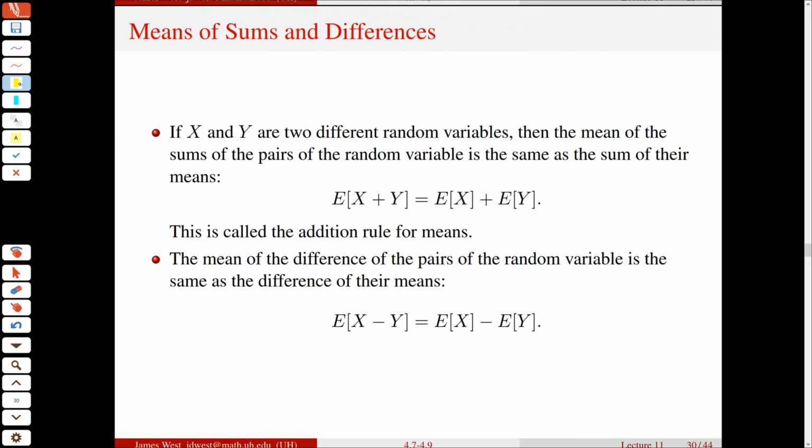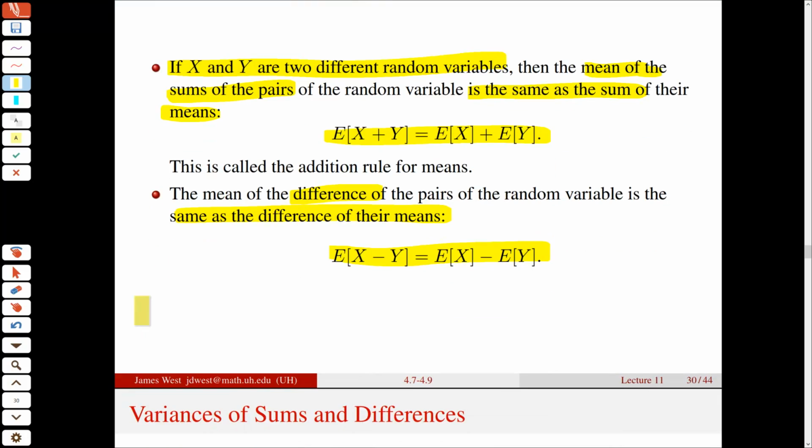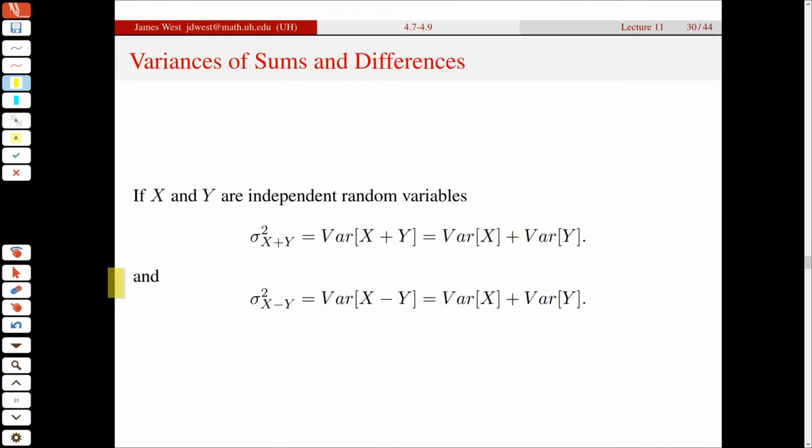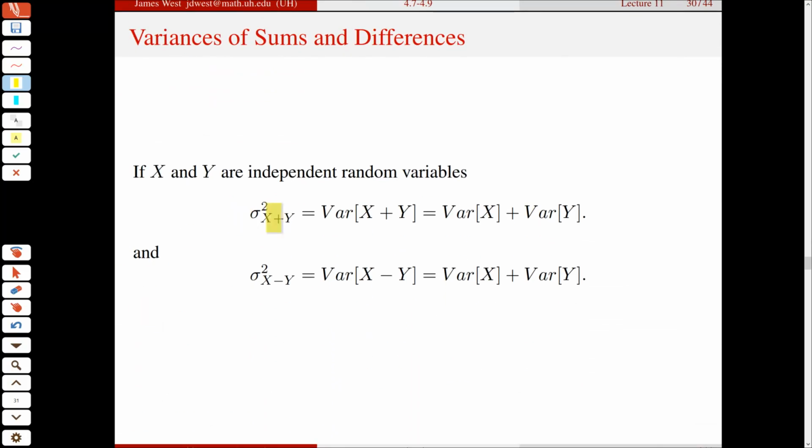Now, if x and y are two different random variables, the mean of the sums of the pairs is the same as the sum of the means. And the difference is the same as the difference of the means, which makes life a bit easier. Their variance, if we add them together, the variance is the sum of the variances.